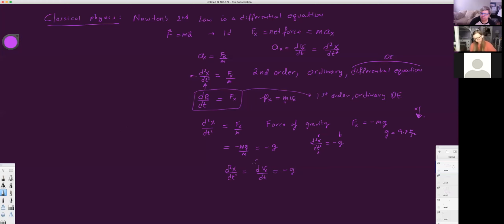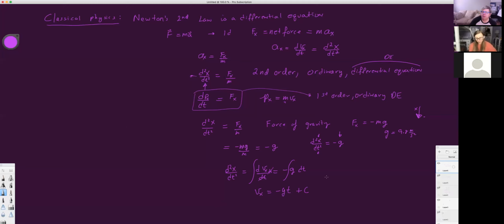And so I can integrate both sides over time. If I do it to one side, I can do the other side. So notice over here that I cancel out these dt's, and by the fundamental theorem of calculus, I can just write this as v sub x. And on this side, I just get minus gt plus some integration constant.